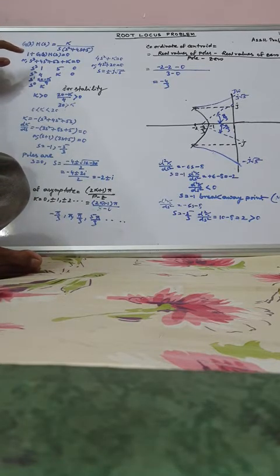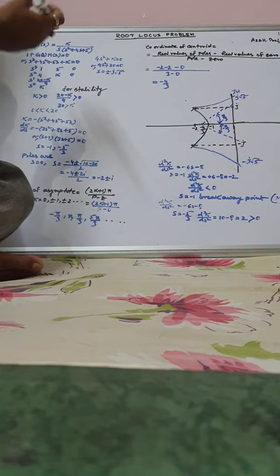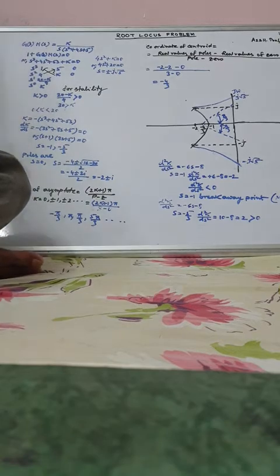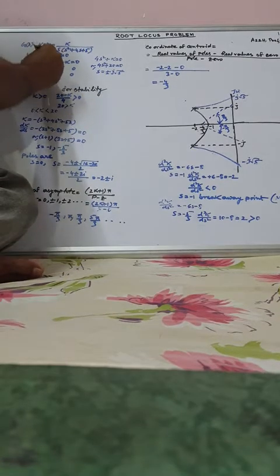Let's do the Routh-Hurwitz criteria. s cube, s square, s to the power 1 and s to the power 0. 1, 5, 4, K. So 20 minus K by 4, and this is using the determinants method. Let's take the minor and do the determinants.